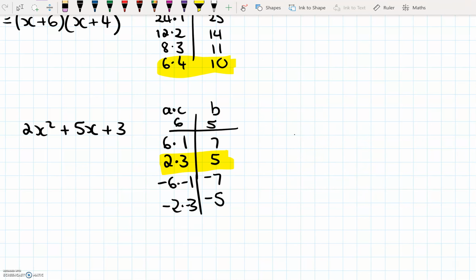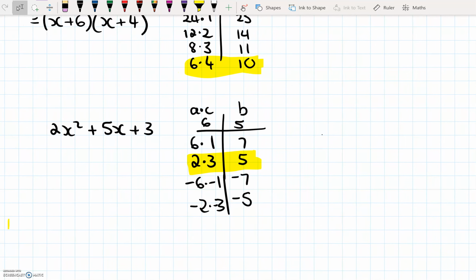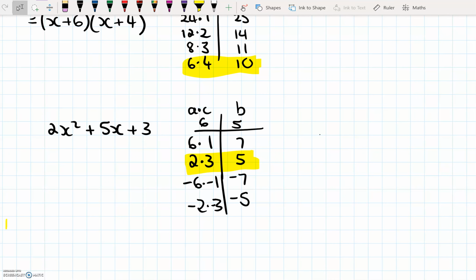For this, you need to use the method that I've been teaching you the last few lessons. Because what we do with that 2 and 3 is we split this middle term. 5x becomes 2x plus 3x. We keep the rest the same as normal.